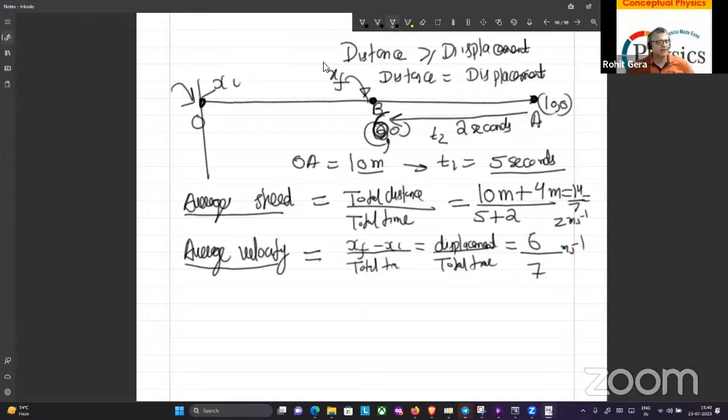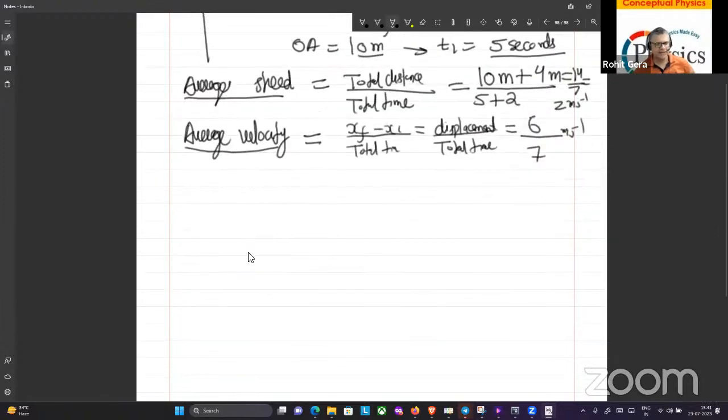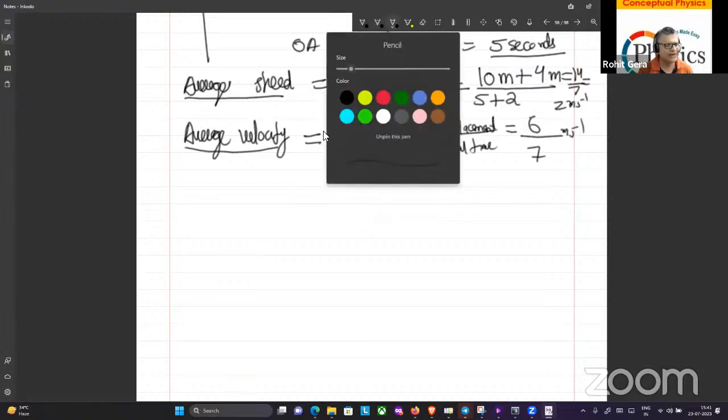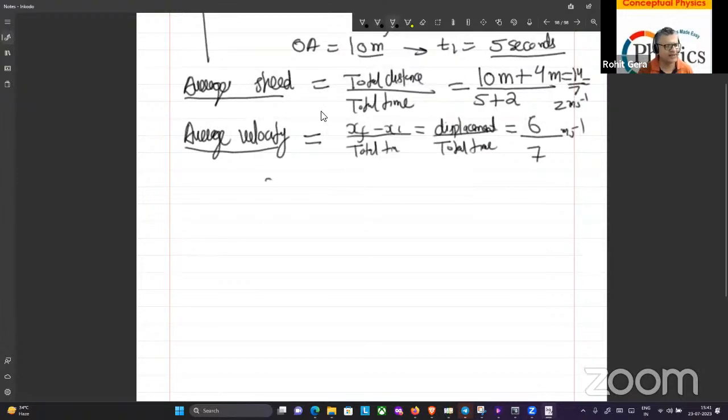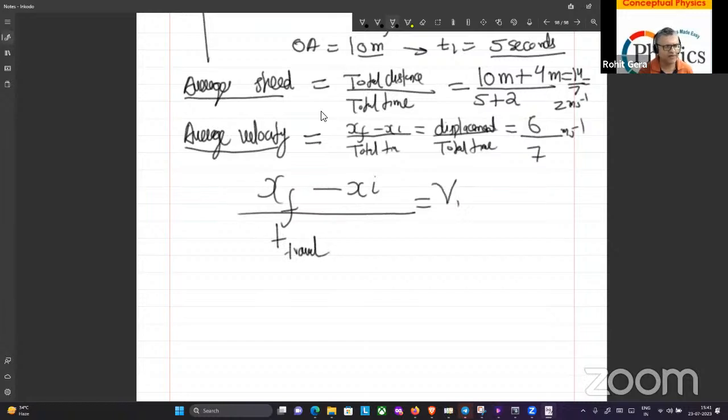This is very important to understand. The concept of average velocity, irrespective of the motion, uniform, non-uniform, and all that, only deals with this thing: X final minus X initial upon the total time of travel is V average.